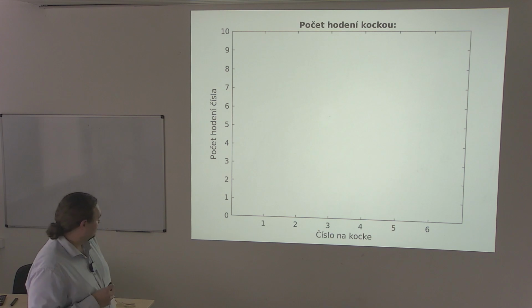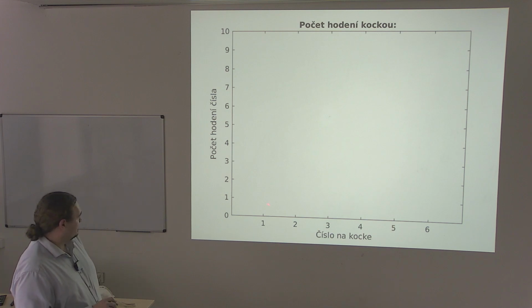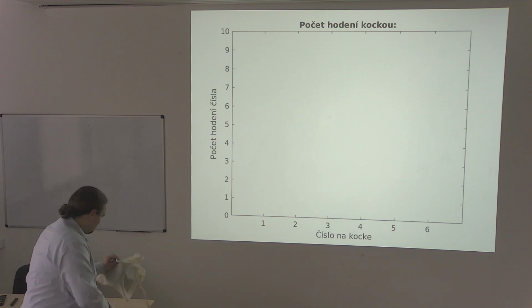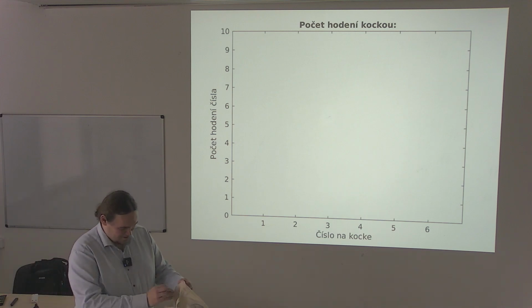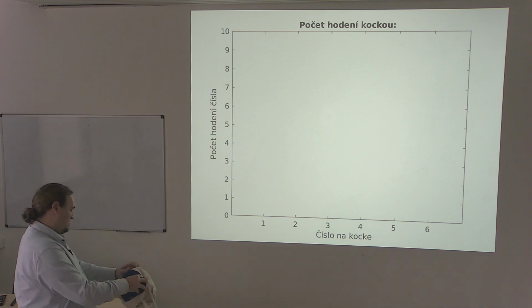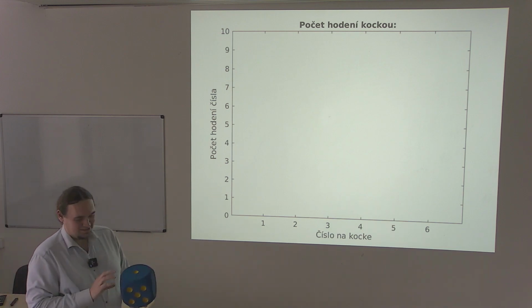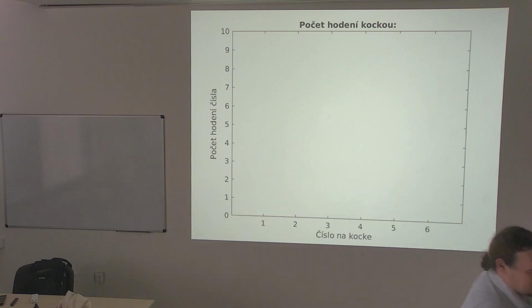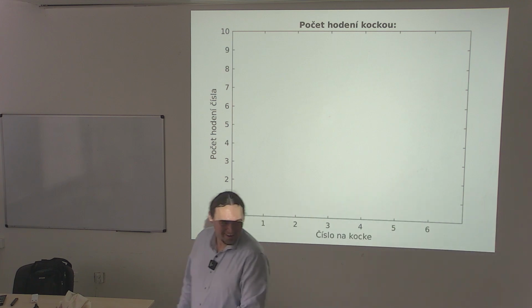The histogram will be telling us whether we get 1, 2, 3, 4, 5, or 6 on the dice. Actually, if you want, you can make a physical experiment with this, if this dice works. Okay, so 1, 2, 3. Please, you can try doing your own experiments. Just give it a try.